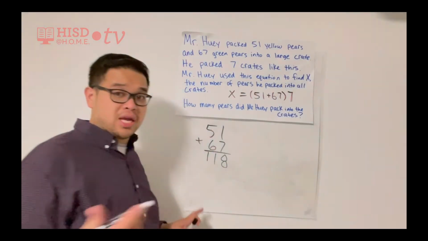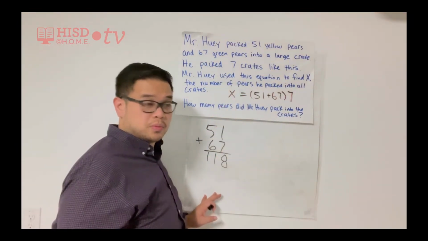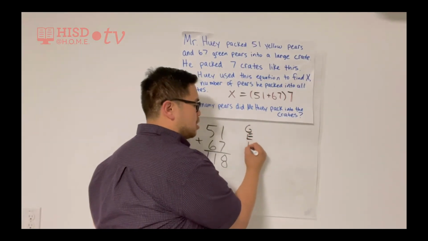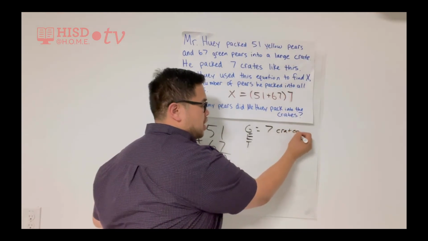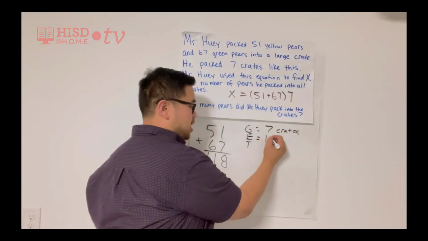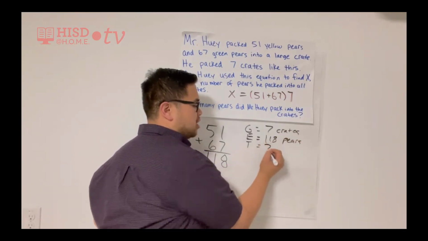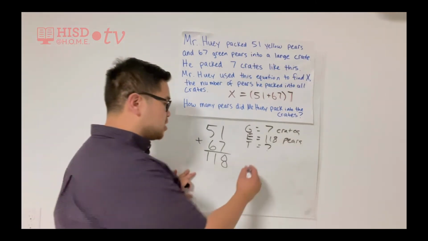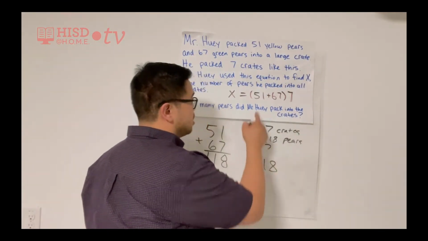If you think about your GET strategy, we know that we have 7 crates, which is our group, and each one has 118 pears, and we need to find the total. Okay, to find that total, we take 118 times 7.